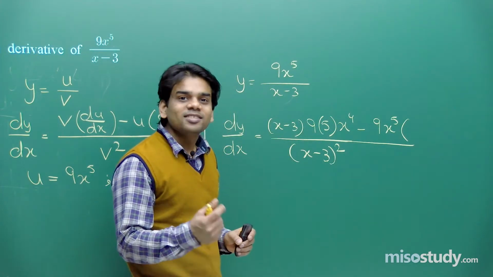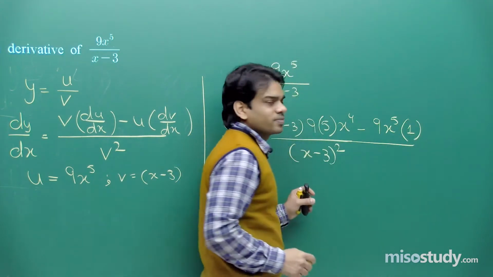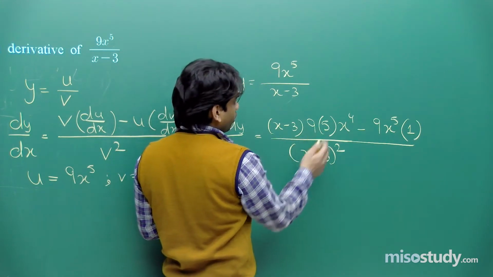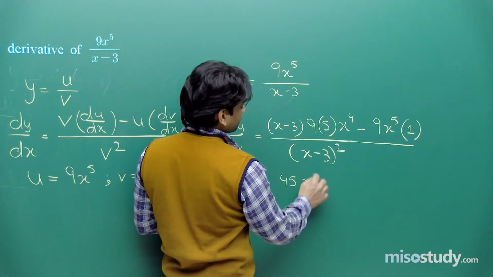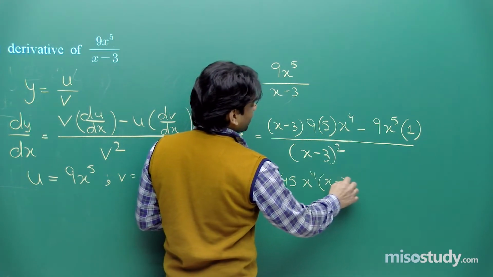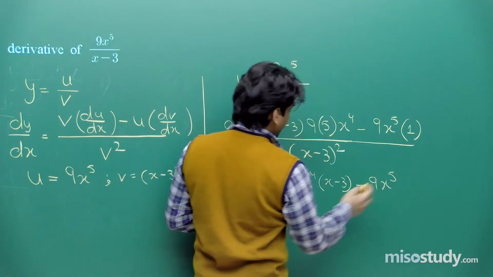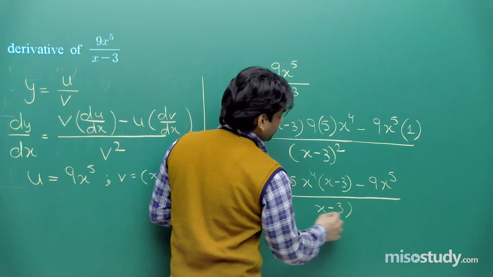Differentiating x gives 1, and the differentiation of 3 is 0, so this will be only 1. That is a simple result. So the answer we obtain is 9 into 5, 45 x power 4 multiplied with x minus 3, minus 9x power 5, divided by x minus 3 whole square.